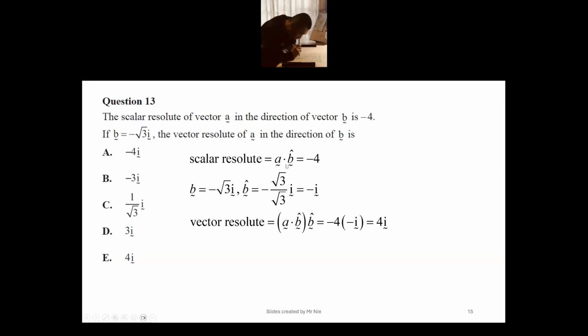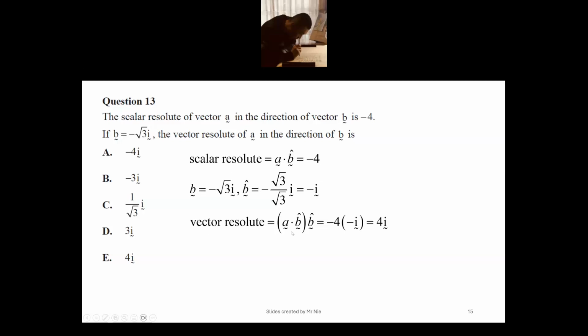Basically, if you list the equation first, A dot B hat is equal to -4. Because B is -√3i, B hat will be the vector B divided by its magnitude. Its magnitude is just √3. Don't double divide a negative here, and then you get a -i.